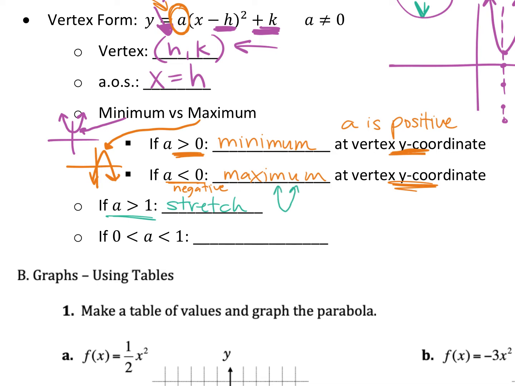So it kind of closes in. We call that a stretch. If it's a fraction between 0 and 1, we call it a compression. And what happens is if you push down on it, it compresses, it opens wider then. Okay, so a stretch is going to get narrower, compression gets wider.